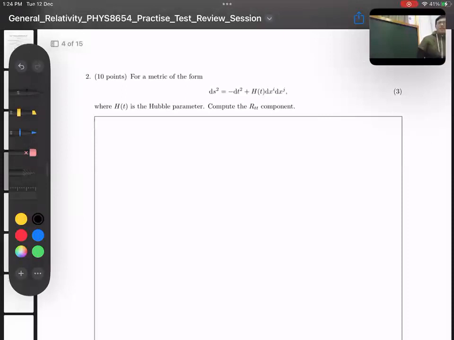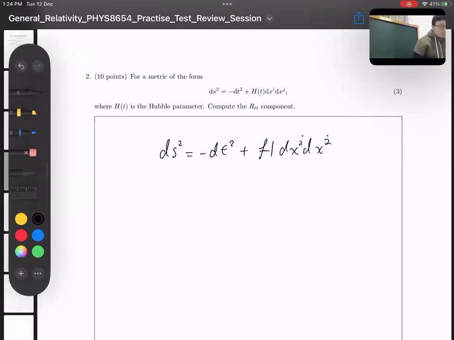So maybe this is the question that you're more concerned about. He always asks you to compute Christoffel symbols. So the trick here I'm going to show you is probably very valuable. It's called the Lagrangian trick. If you have a metric like this, this is one of the quickest ways to calculate the Christoffel symbols.